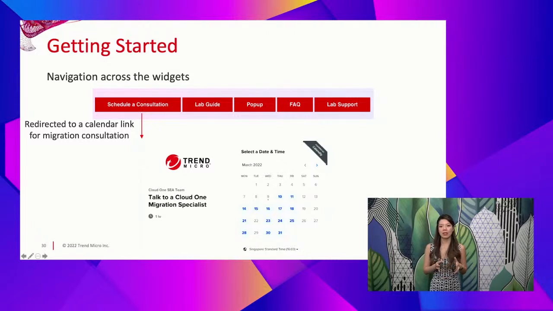We do recommend that you do a consultation after you've completed the hands-on lab, because as you are doing it, it would have addressed some of your queries. Once you click on the button, you'll be able to see a calendar that shows you the availabilities of our cloud solutions architects. And then you can choose a date and a time that works for you.